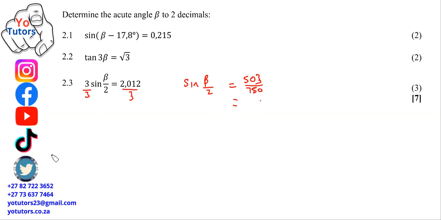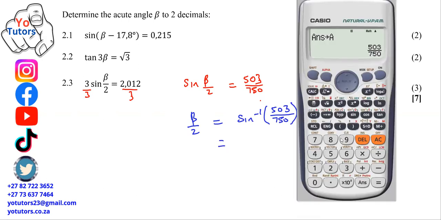In this case, it's going to be easy when you are solving. Beta over 2 is going to be equal to arc sine of 503 over 750. This will give you an exact answer, which does not give you any problems.